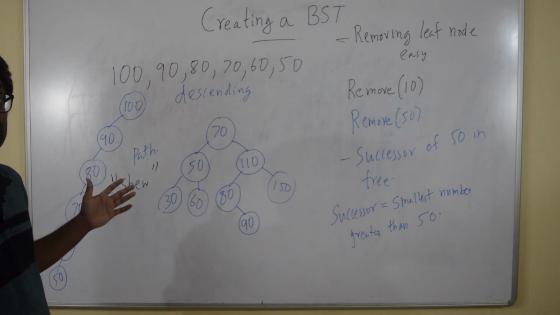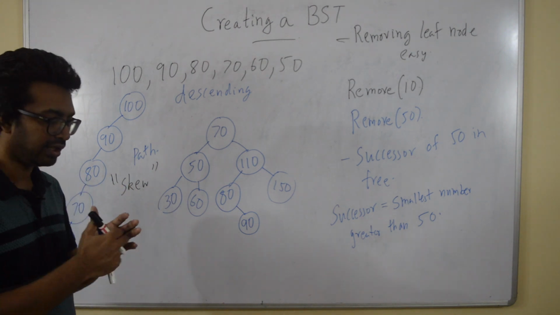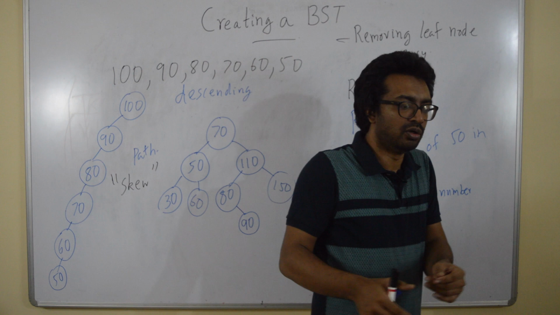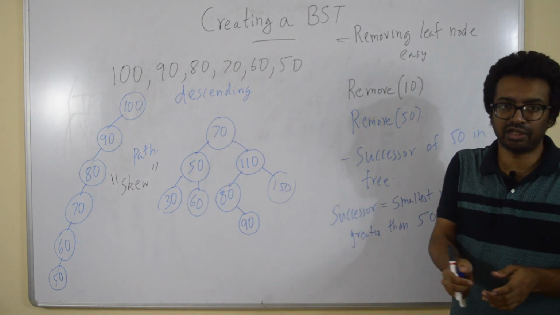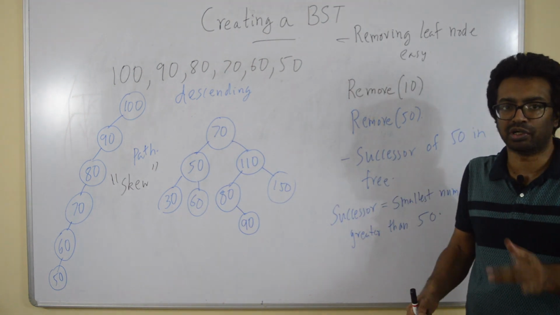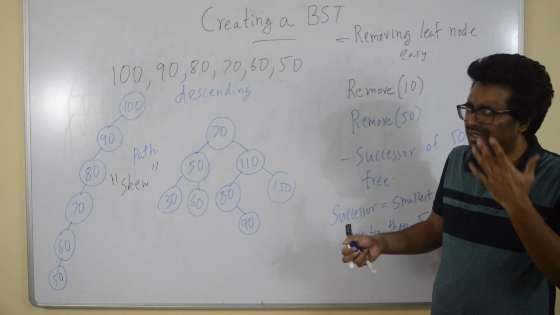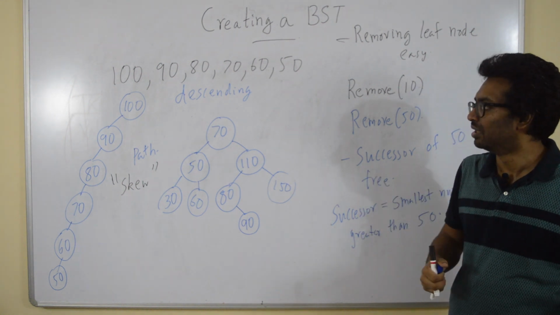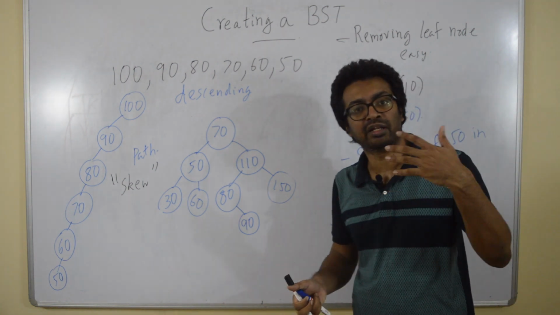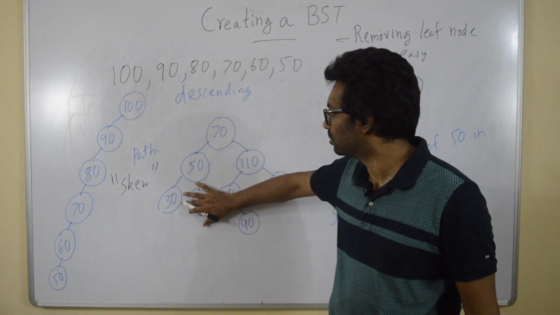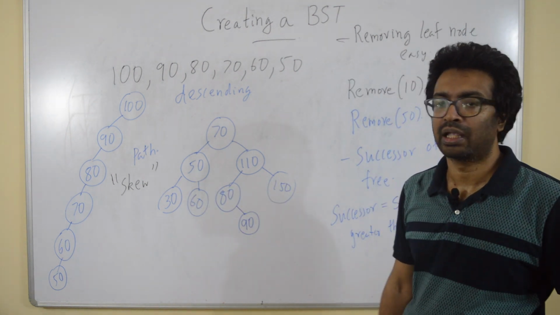So the successor of 50 is the smallest number greater than 50. If you have natural numbers, what is the successor of the number 50? 51, right? Look at all the numbers greater than 50 and take the smallest number. That's the successor in natural numbers. But what about the successor in this tree? Where are the greater numbers than 50 going to lie? It's on the right child of 50.